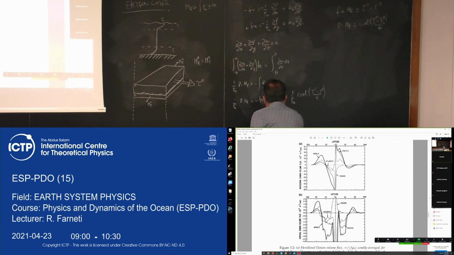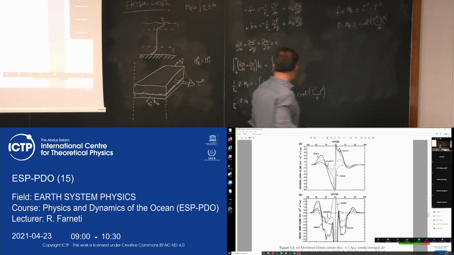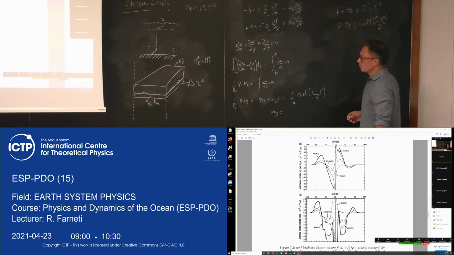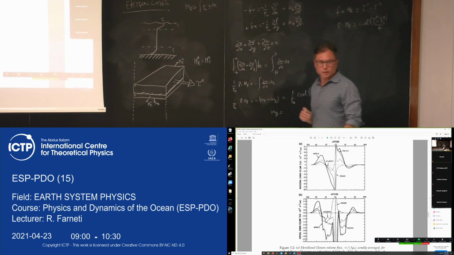And so you have the vertical velocity at the base of the Ekman layer. So there is a vertical velocity associated with the total mass transport, which is divergent, sorry. And that vertical velocity is at the bottom of the top Ekman layer.